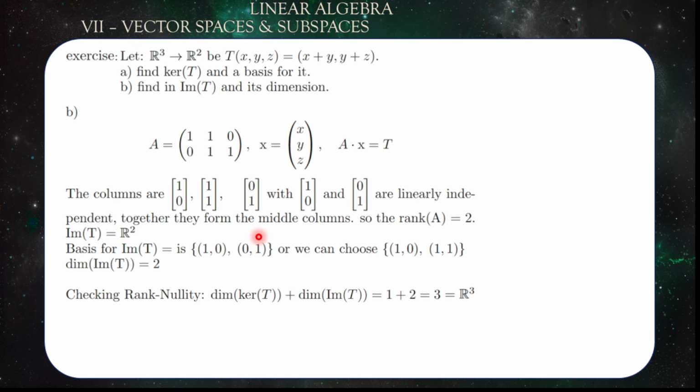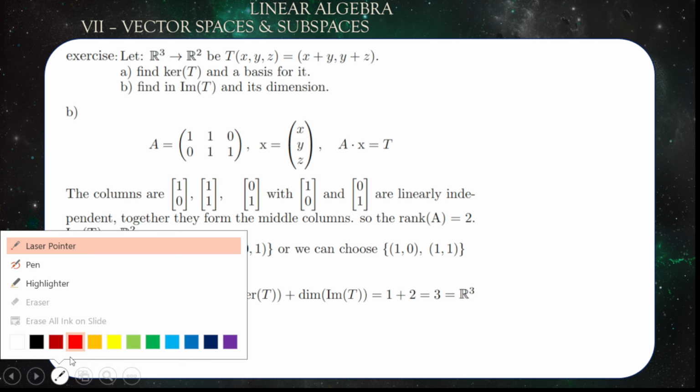Let's find which ones are the unique columns that form the basis for the columns, or the ones that are linearly independent. These are simply 1, 0 and 0, 1. Why is the column in the middle counted out? This is a serious question.